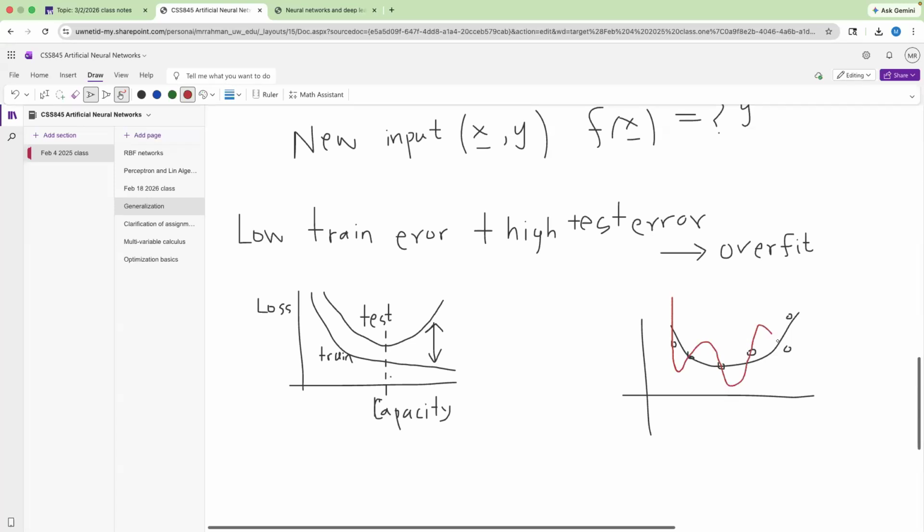It's passing through all your training data, but this quadratic was your true function, and we had some noise. Because you're allowing really complex functions or high dimensional polynomials to fit this data, you're fitting to the noise and you get a really complex shape here. That's a classical sign of overfitting. You're overfitting to the noise in your training data and you're not learning the general pattern. Here, the general pattern is a quadratic. So this is where you would be overfitting.